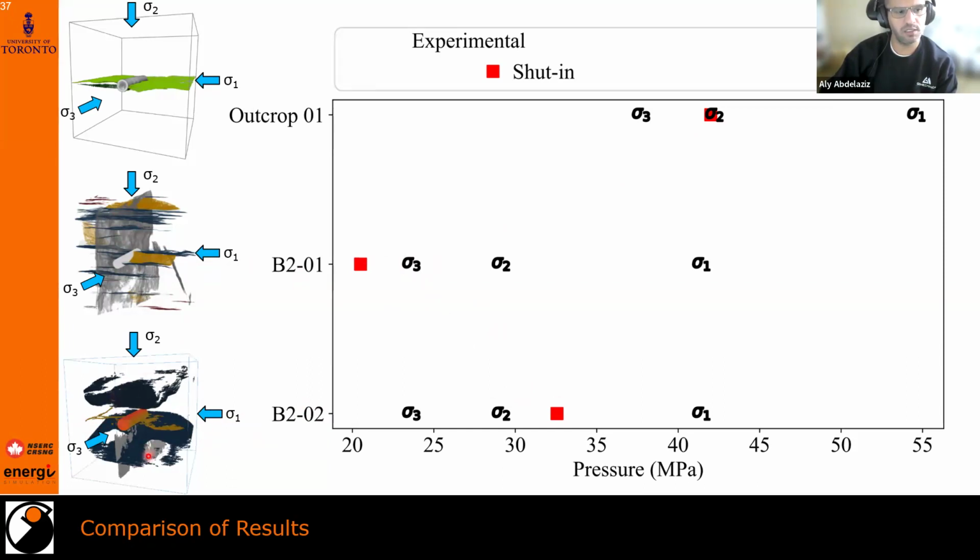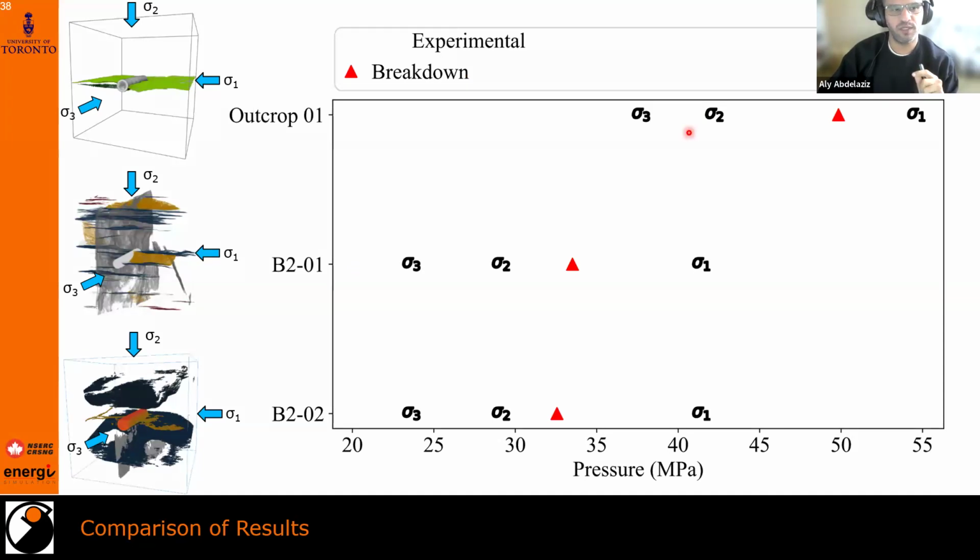And in this case, these are the bedding planes, and the gray is the pre-existing fracture in the core before we started. So the shut-in pressure, if it's one fracture that's against one of the principal stresses, should be equal to the principal stress. As we see here, it is not necessarily sigma 3, but it is one of the principal stresses.